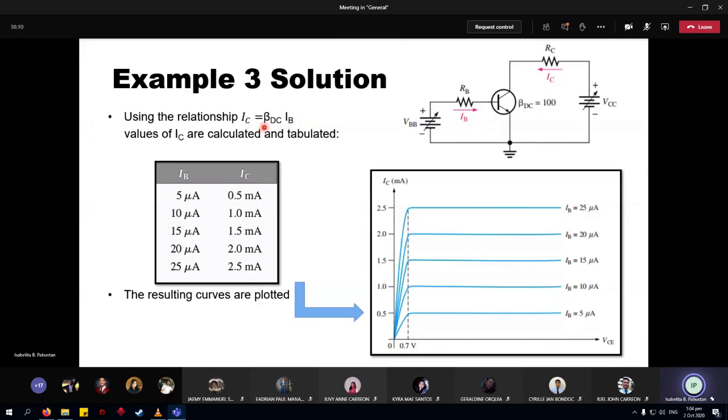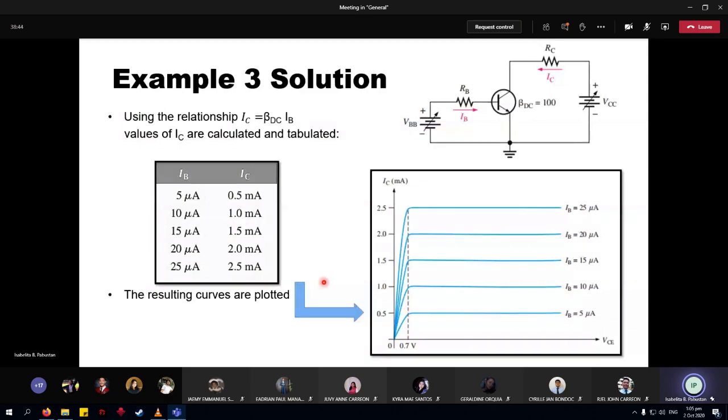The IC equal to beta IB of 0.5 milliampere for the first one occurs after the knee, after the 0.7 volt. This means your IC becomes constant at 0.5 milliampere at an IB of 5 microamperes after the knee.